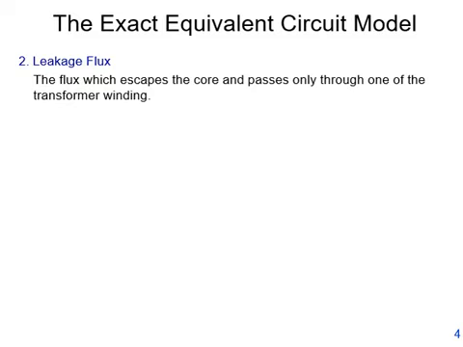In another case, we want to incorporate the leakage fluxes in the equivalent circuit. The leakage flux is basically the flux which leaves one winding but does not pass to the second winding.